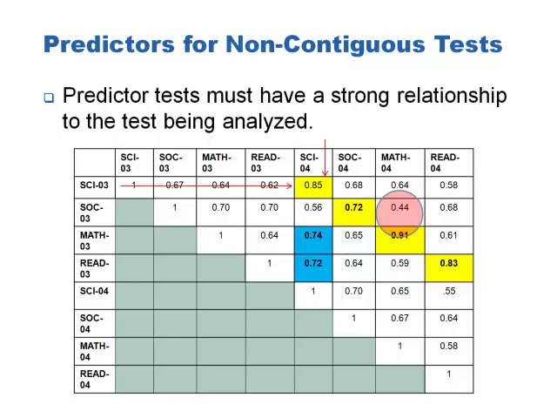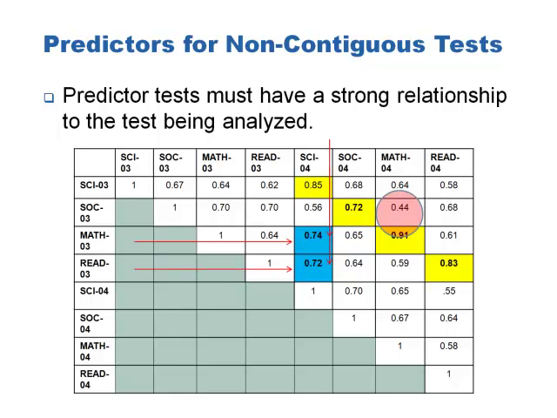Here we see that Science 2010 is not a high correlation to Math 2011, only 0.44. But Science 2010 is a good predictor of science in 2011, 0.85. You would expect this.